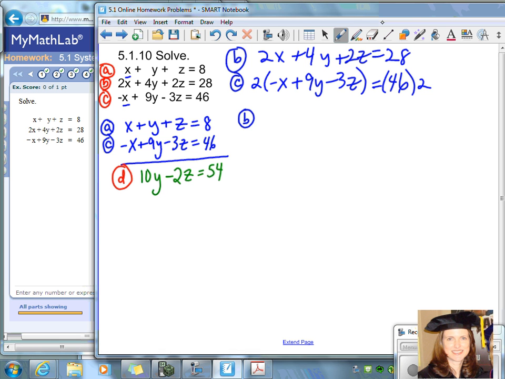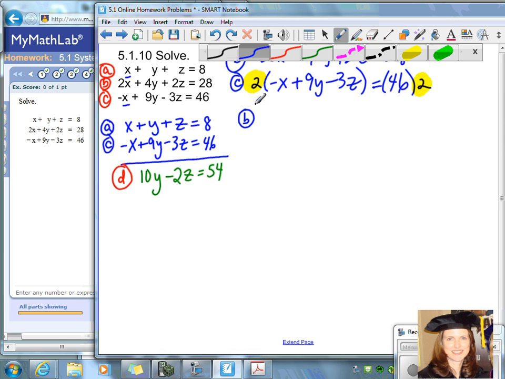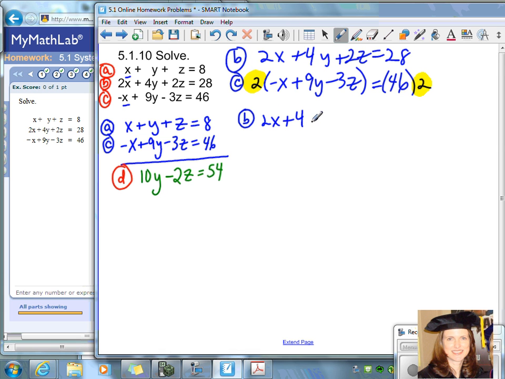I wanted to get opposite x terms, so what I needed to do was multiply the whole C equation by 2. So now I take the B equation, 2x plus 4y plus 2z equals 28, and I'm going to add it to 2 times the C equation. If we distribute, I get negative 2x plus 18y minus 6z equals 46 times 2, which is 92.